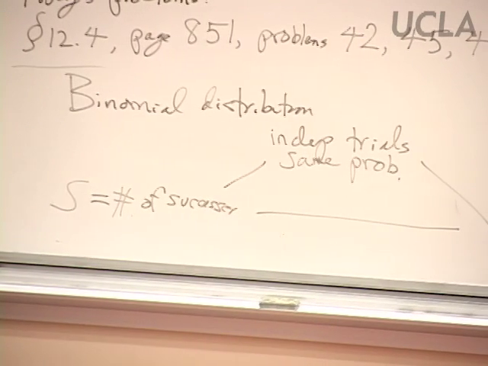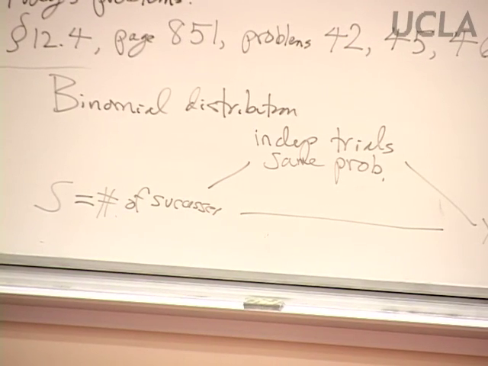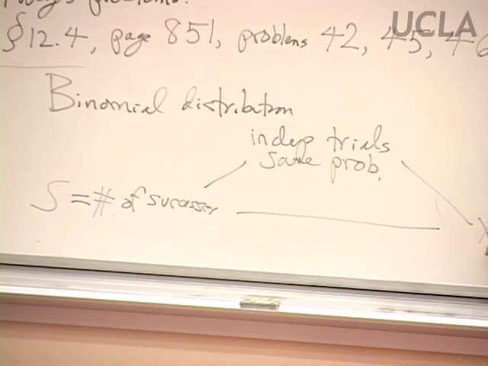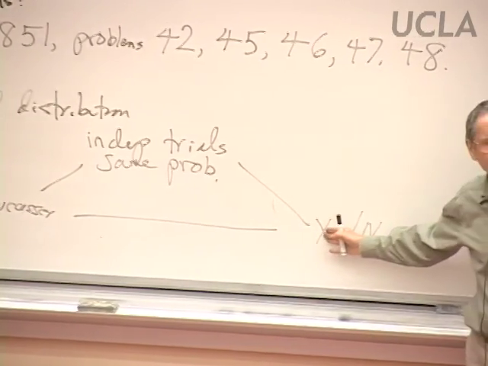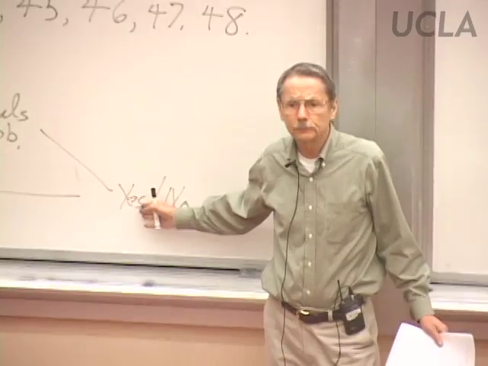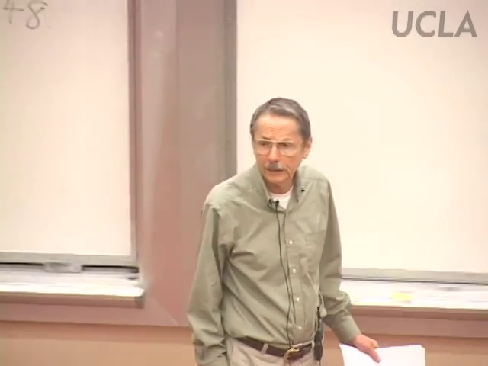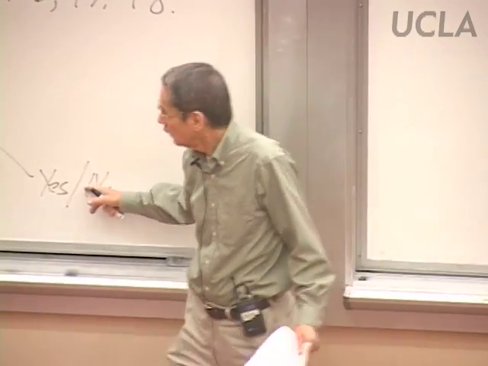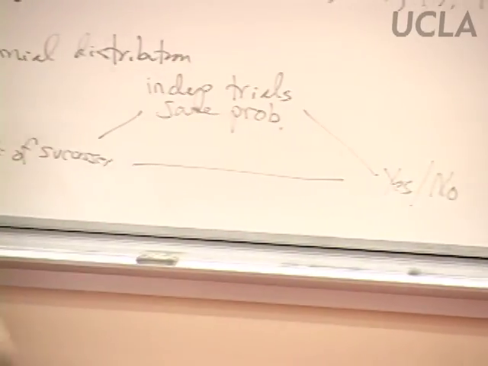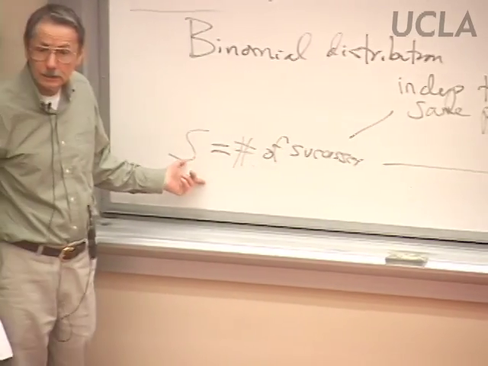Well, today we're going to consider changing one or two of these features. Instead of just yes-no trials, we could be a little more flexible. We could have three-way trials. The heads, tails, or stand on edge. Four-way, five-way trials. Or we could change the random variable.